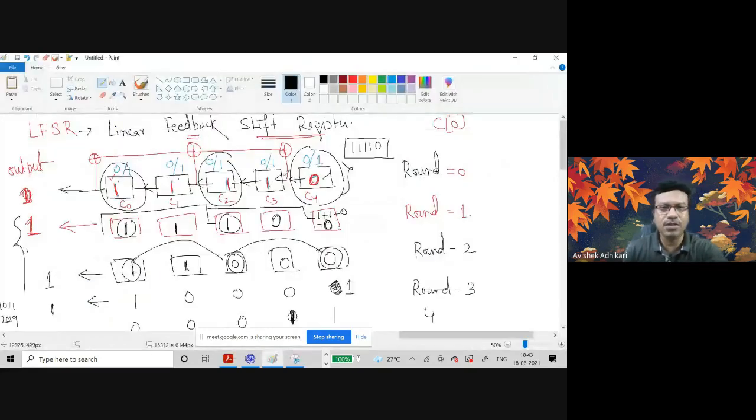So the period of this LFSR is basically 15. We started with 5. Note that for an LFSR with L states, here 5, the period should be at most 2 to the power L minus 1. For L equal to 5, it should be 31, but it's still giving me 15.